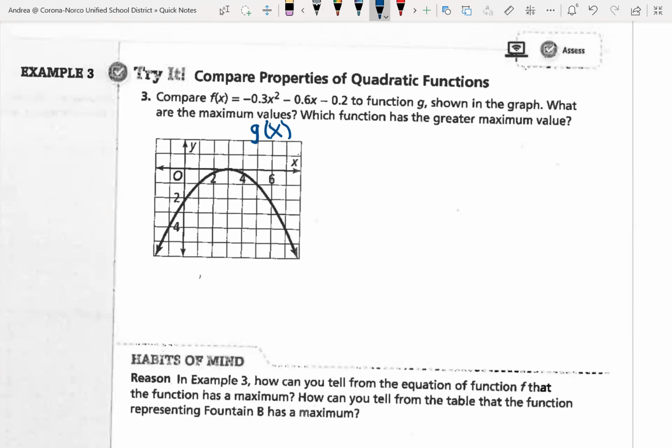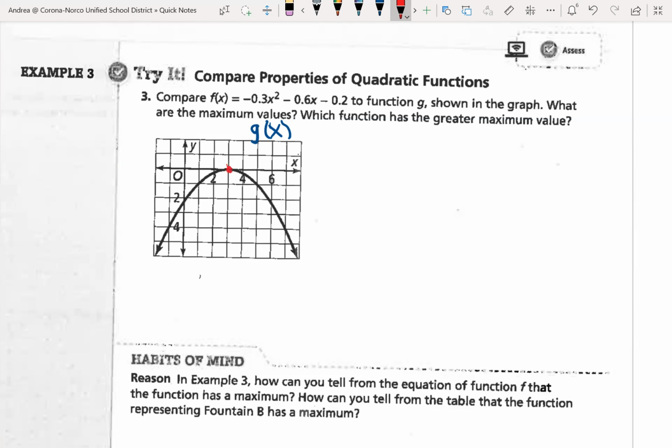Okay. They want us to compare an equation to a graph. They are not the same. They are different. So this equation says it has a maximum value. Can someone tell me what the maximum value is? Yeah? Okay, very good. The maximum value is going to be that vertex.